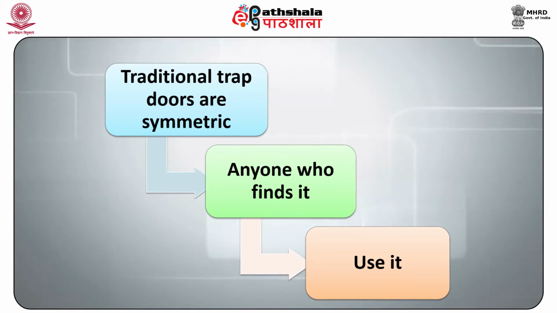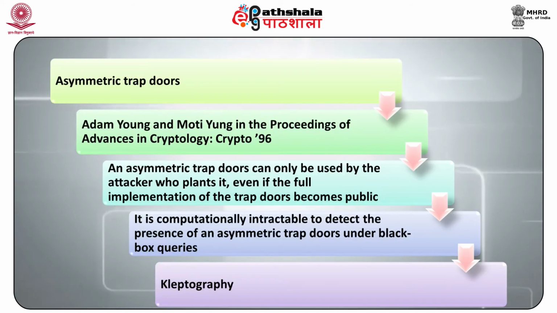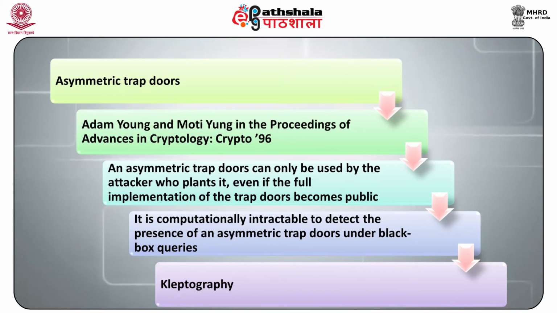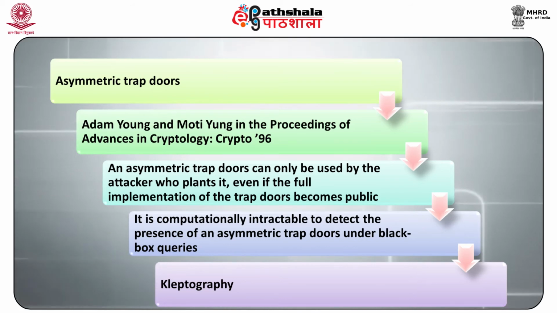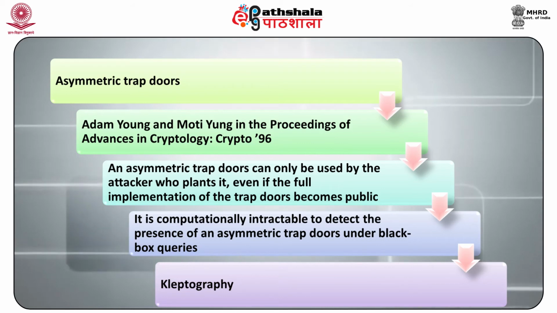Anyone that finds the trapdoor can in turn use it. The notion of an asymmetric trapdoor was introduced by Adam Young and Moti Yung in the Proceedings of Advances in Cryptology, Crypto '96.